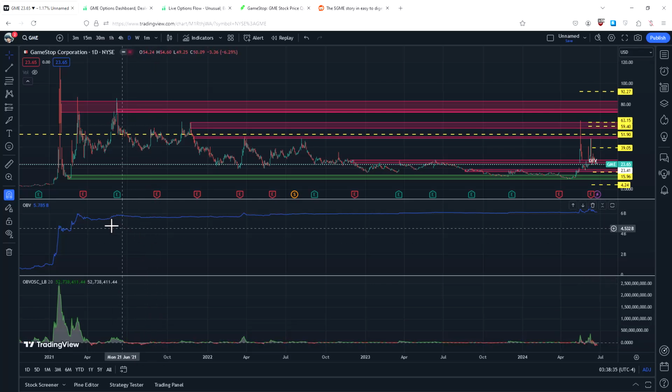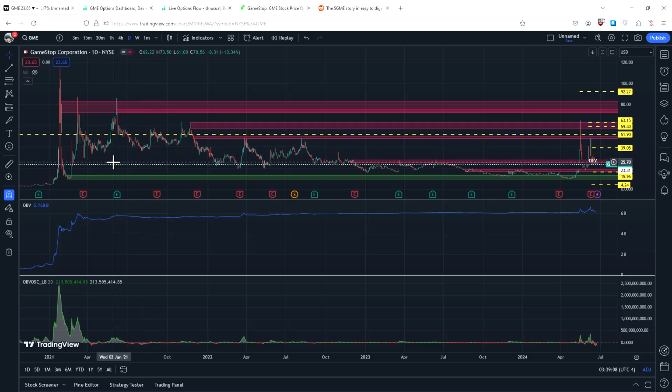The reason is that this oscillator, like I've said before, has issues when there are super large buys like in January 2021, because it doesn't reset afterwards. You can look up the history and literature behind on balance volume. I did a previous post and video somewhere. I'll look for it and try to share it in the description.